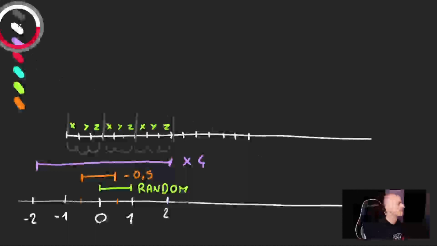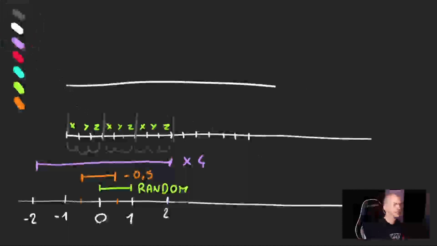And I will do a drawing just to explain again. So this is my color attribute. And now we have 1, 2, 3, 1, 2, 3, 1, 2, 3, as always.